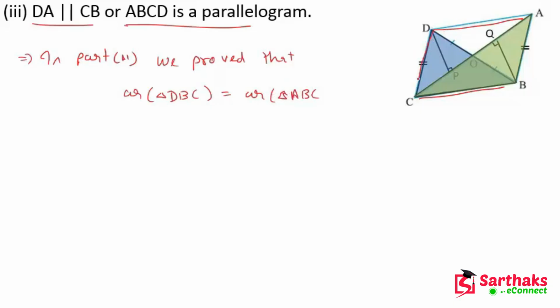Means we already proved that the areas of these two triangles are equal. These two triangles are on the same base and the areas are equal. So by theorem 9.4 we can say that AD is parallel to BC.